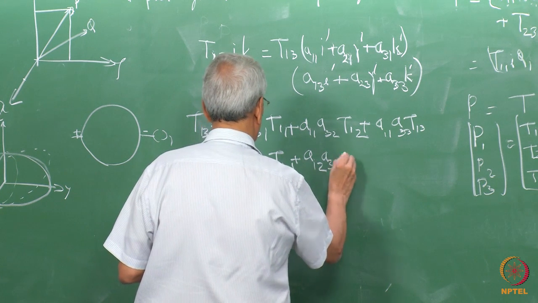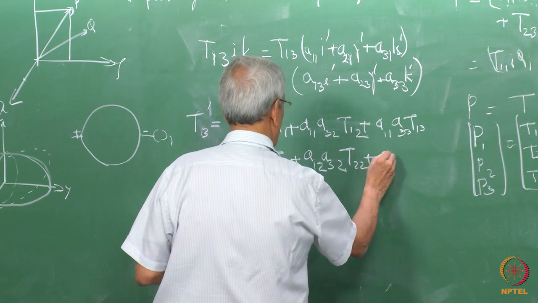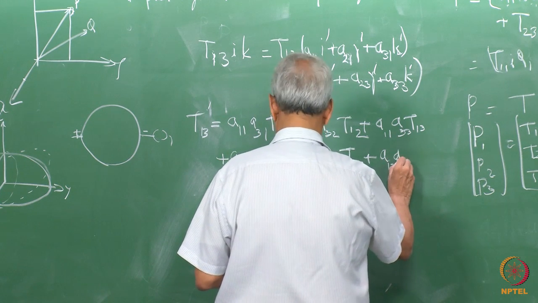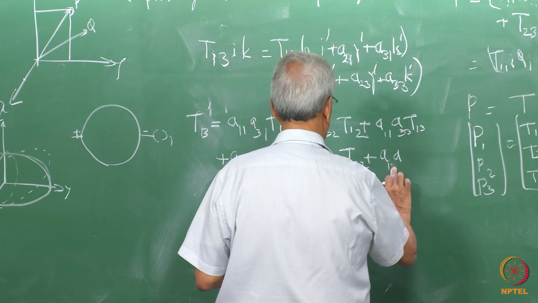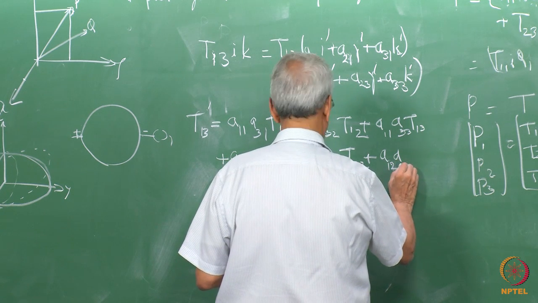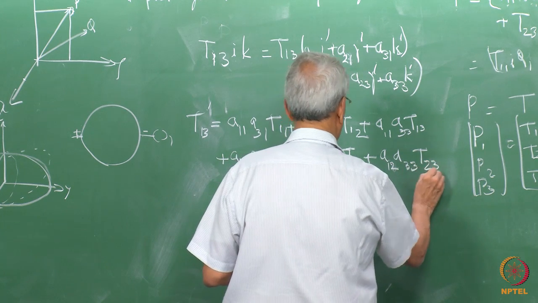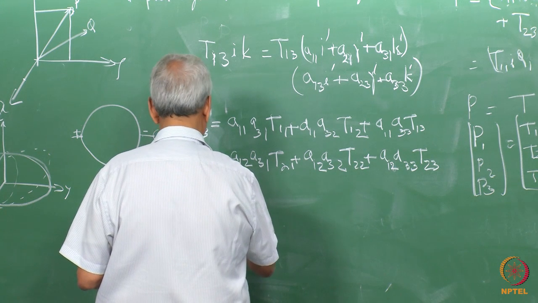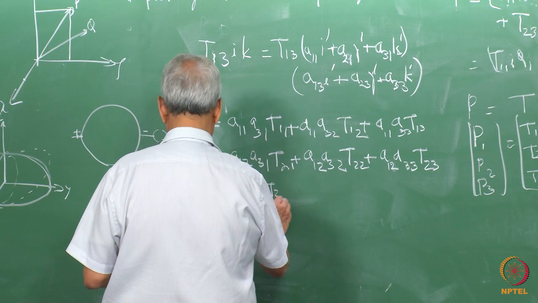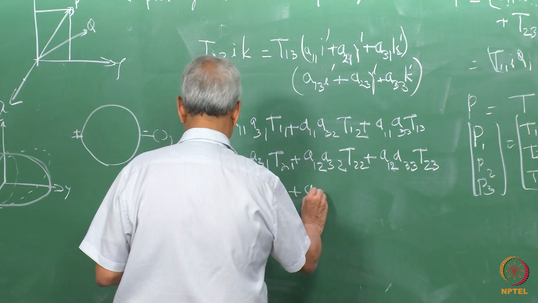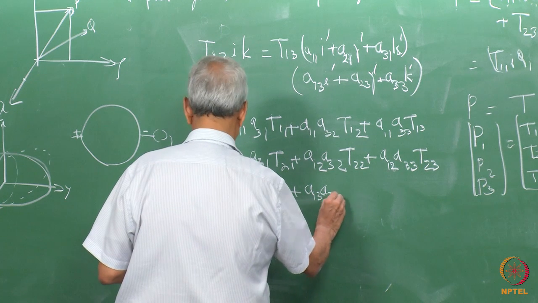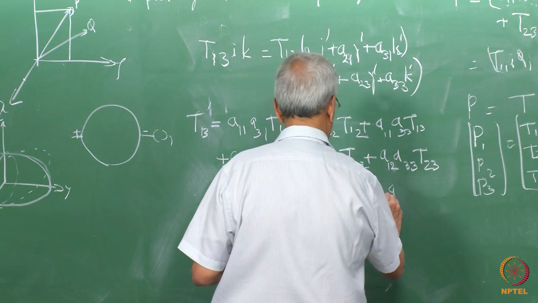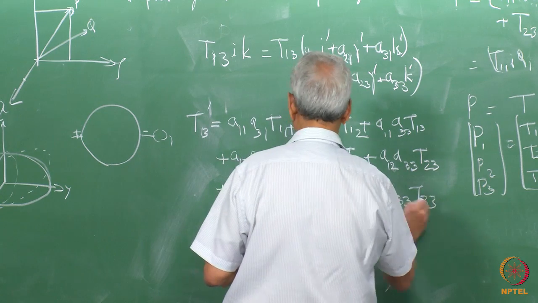Into A32 T2 plus A13 into A12, A33 into T23 plus A13 into A31 into T31 plus A13 into A32 into T32 plus A13 into A33 into T33.